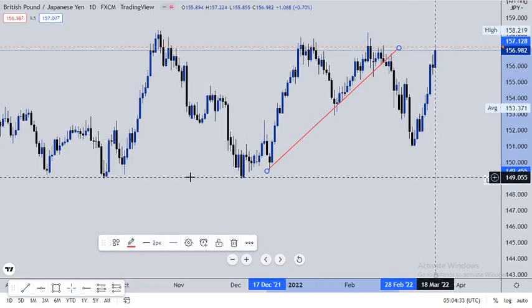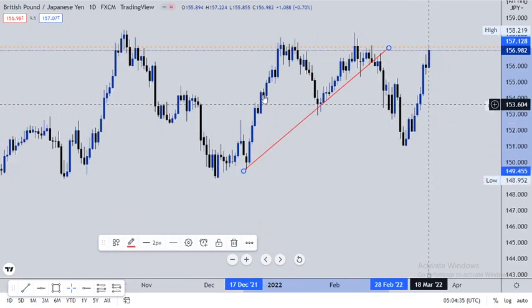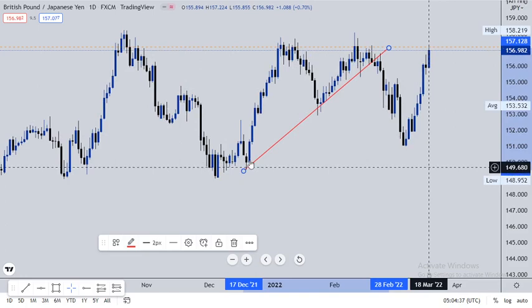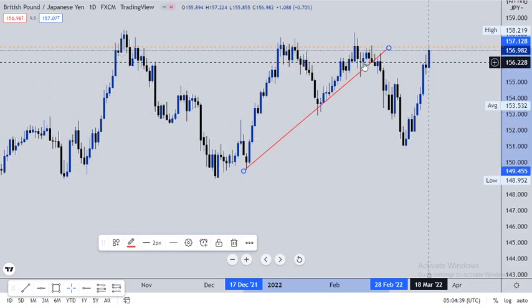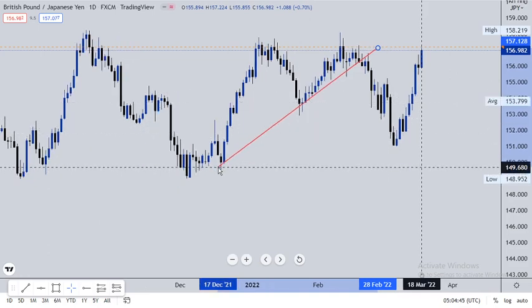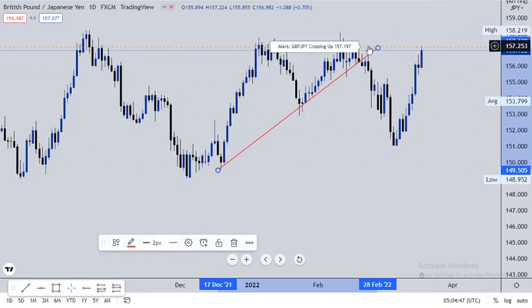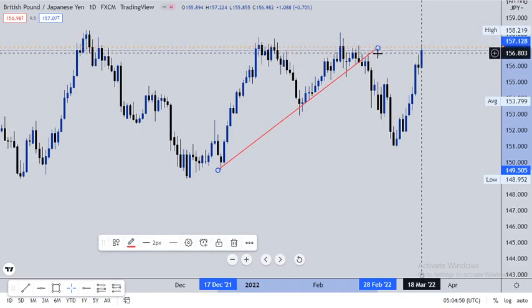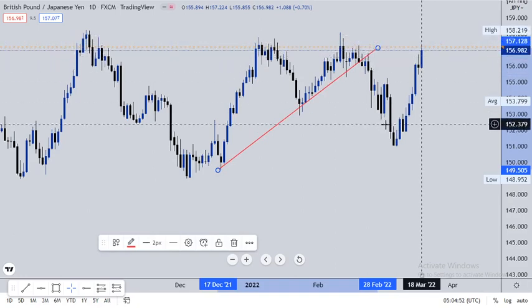You can see it, the market rallies up. This is the first touch, this is the second touch, and this is the third touch. And something about these touches is that once the market breaks the trend line on the daily time frame, it will definitely retest the trend line and start going down.